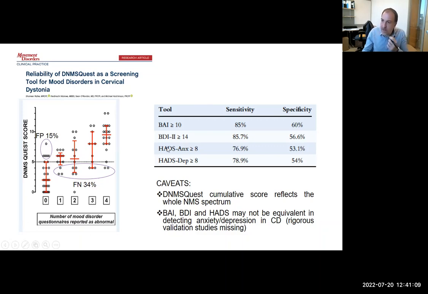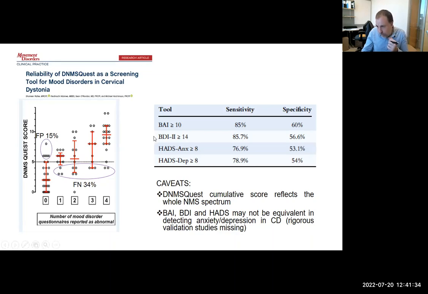Now, this study has a few caveats. First of all, the accuracy was measured using the cumulative score of this questionnaire, which, as we have seen, does not only encompass depression or anxiety, but all non-motor symptoms.